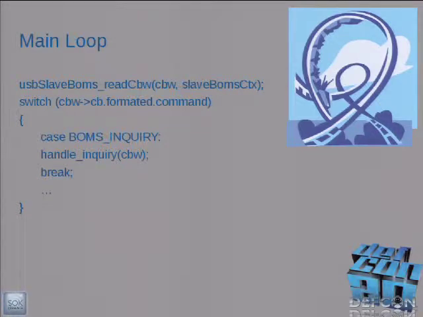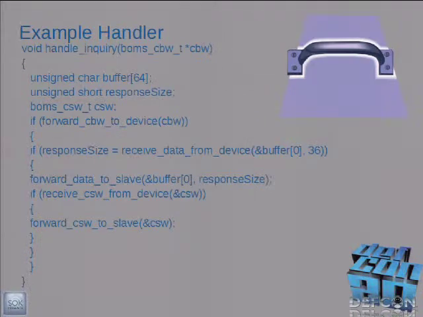All right, so the main loop just sits around waiting for stuff. And then I have a bunch of handlers. So this is just a quick example for the inquiry command. It gets a command block wrapper, allocates a little space, forwards it to the device, gets a response, sends it back, and waits for a command status wrapper, sends it back.